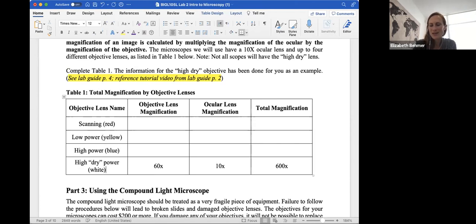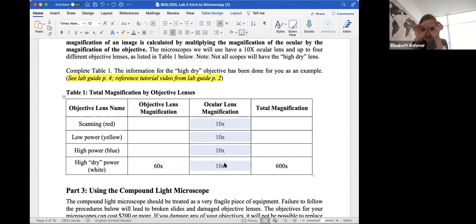And in order to calculate total magnification, all you do is multiply the objective lens power by your ocular lens magnification. The ocular lens is what you look through in the microscope. And remember I said that when you look through those, you're looking at the sample already at 10 times magnified. So this will be the same for all the ocular lenses.